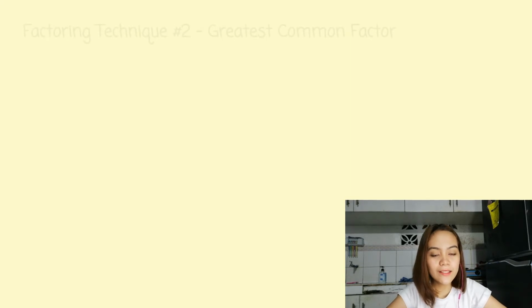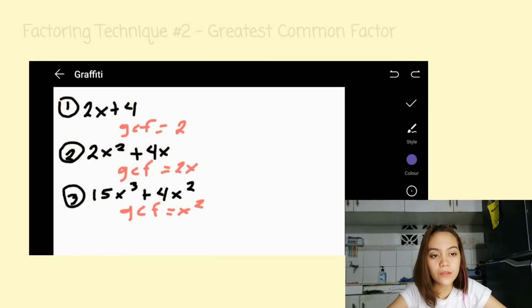Now, let's use the same set of examples that we've used, and this time, we'll change it into its factored form. So let's first define what factoring is. Factoring is basically undoing or reversing the distributive property.